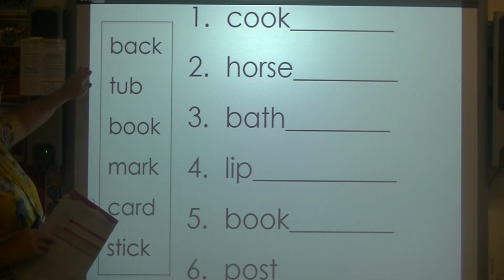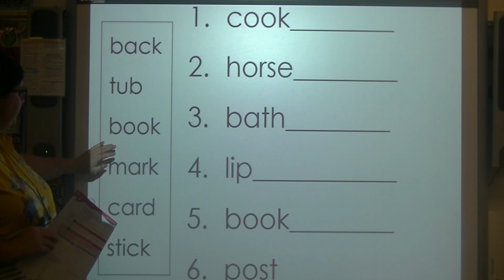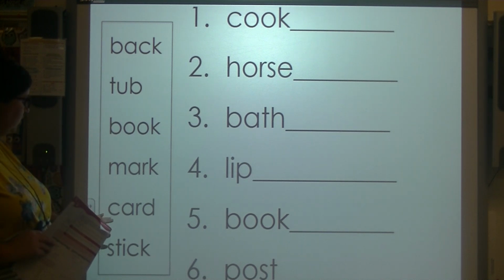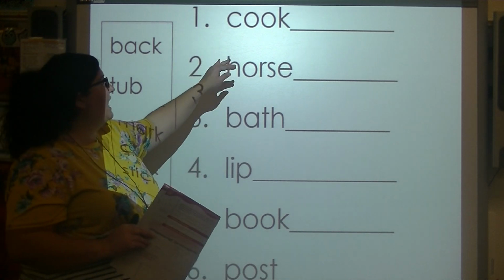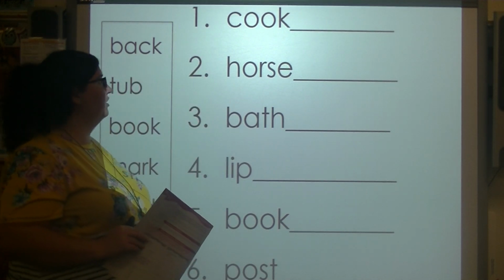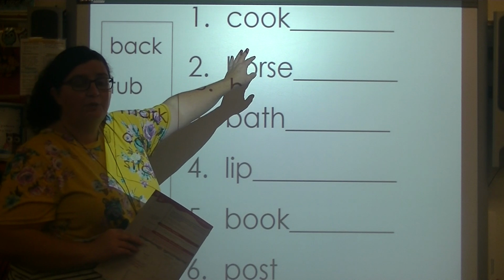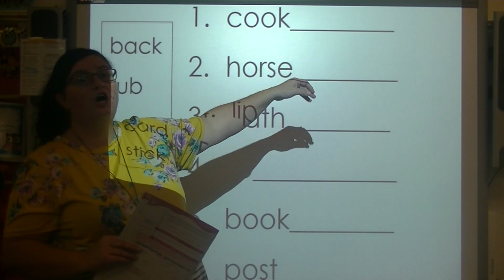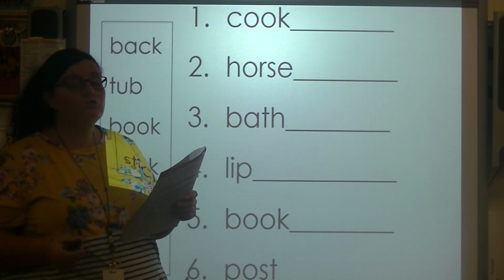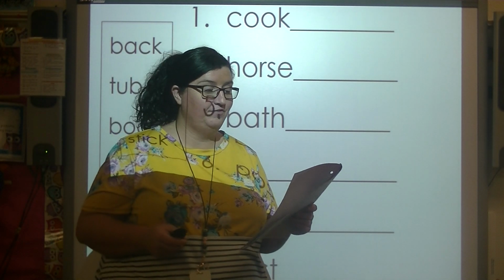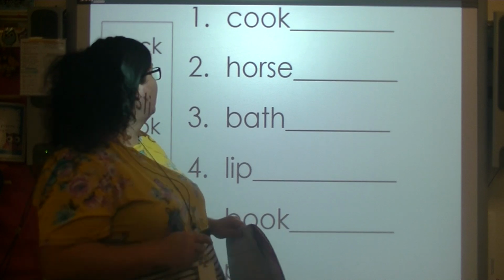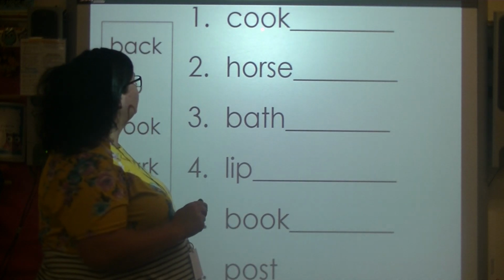On the side: back, tub, book, mark, card, stick. We're going to add one of these words to the first part of the word to make a compound word. And then you'll draw a line to match it to a picture if it matches. All right, number 1, cook.